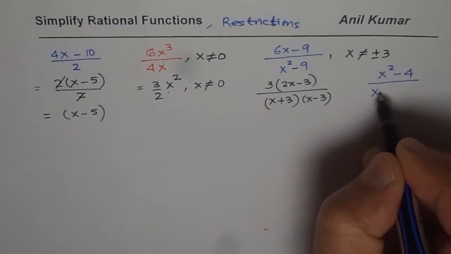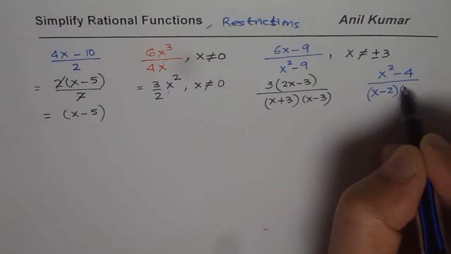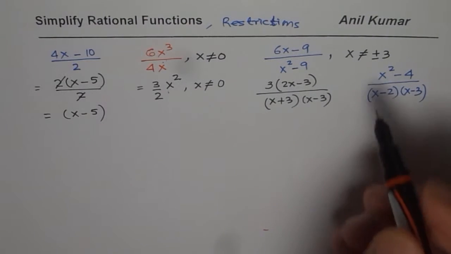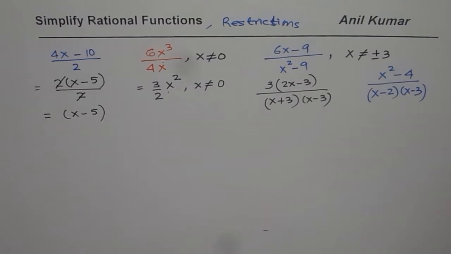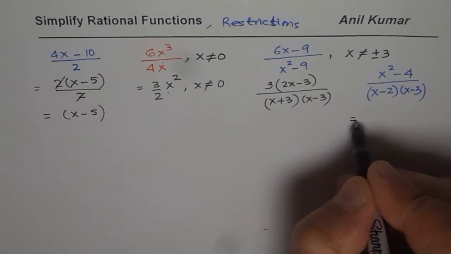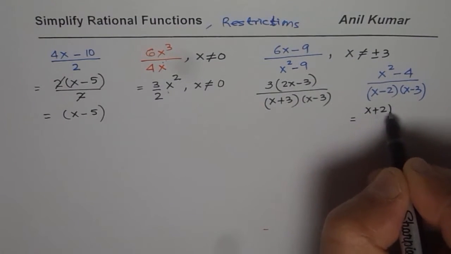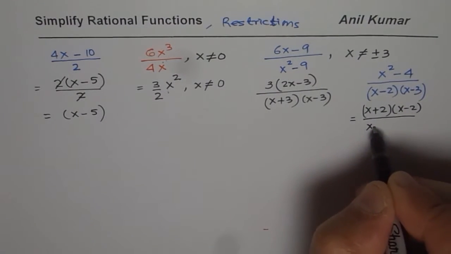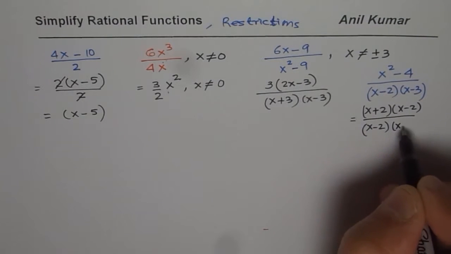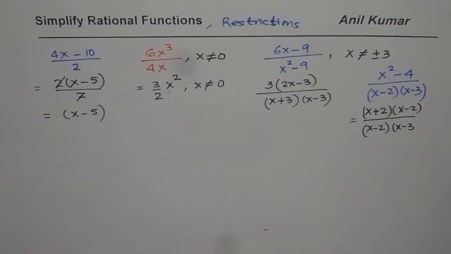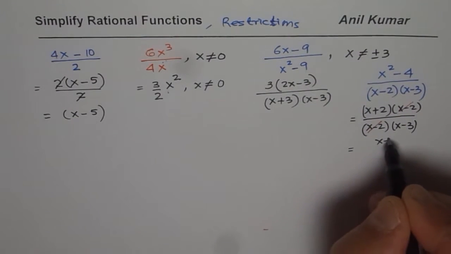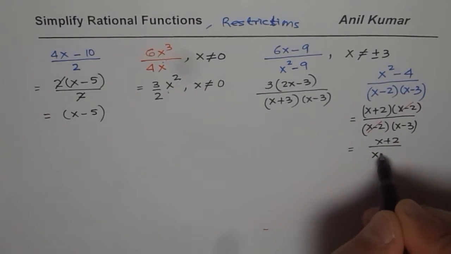And in the denominator, if I write x minus 2 times x minus 3, in that case, we can simplify this expression, correct? So I could write this expression as x plus 2 times x minus 2 divided by x minus 2 times x minus 3. Now here x minus 2 cancels out, so we get the result as x plus 2 over x minus 3.